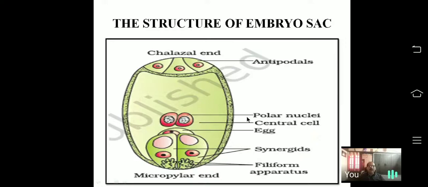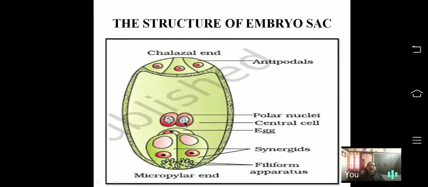These 2 nuclei are called polar nuclei. This cell is called the central cell. It will be diploid. Central cell is diploid, consisting of 2 polar nuclei.